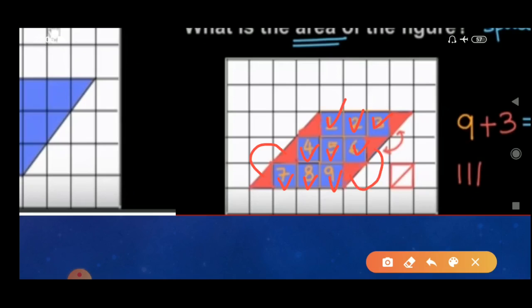This 2 half squares will become 1 and here these 2 half squares will become 1. So total 1, 2 and 3. So 9 plus this 3 is equal to 12. So the area of this irregular shape is 12 square centimeter.